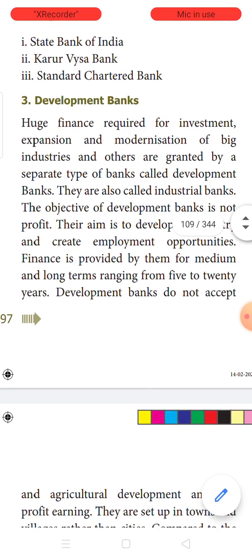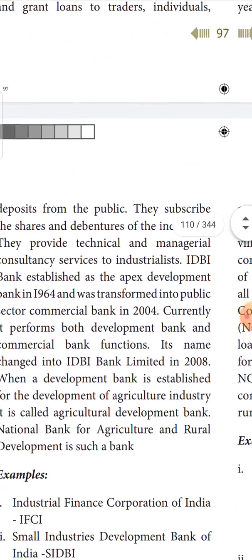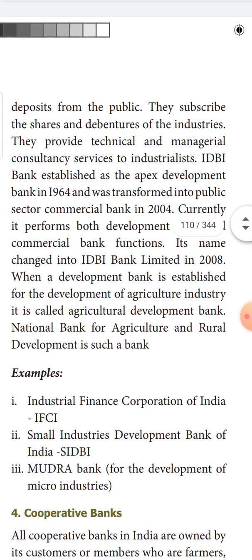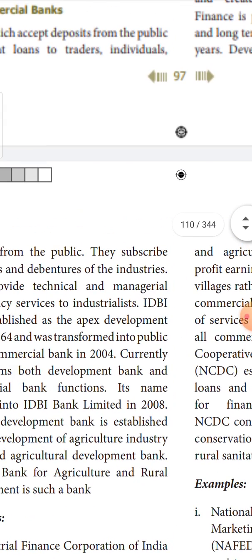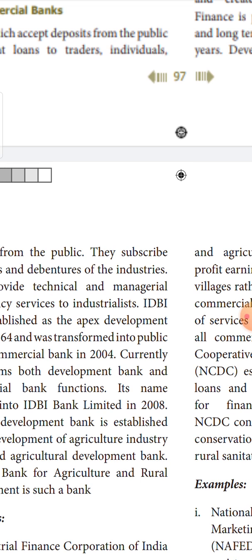And these development banks do not accept deposits from the public. Now you can think, if they don't accept deposits from the public, where will they get the money to lend for industrial development? Their main capital is only the shares and debentures which are subscribed by the public.